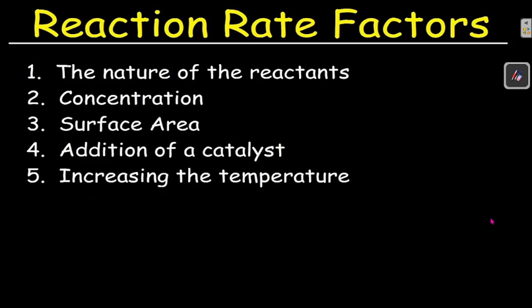So what affects the rate, how fast that reaction is going? The nature of the reactants, the concentration of those reactants, the surface area of those reactants, if you add or not a catalyst, and we're going to see what that is, and increasing the temperature. So let's look at it one at a time.